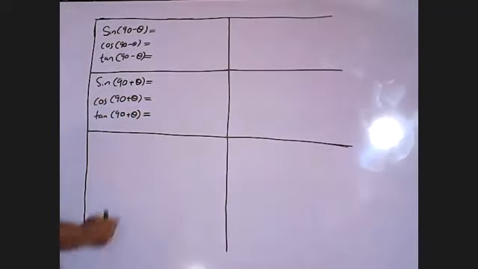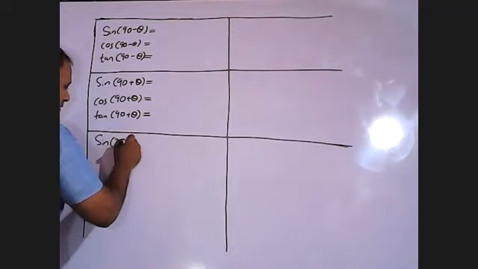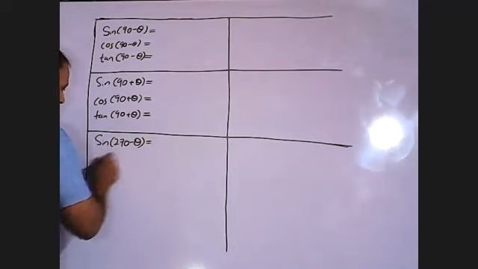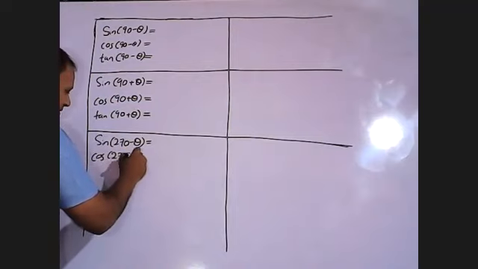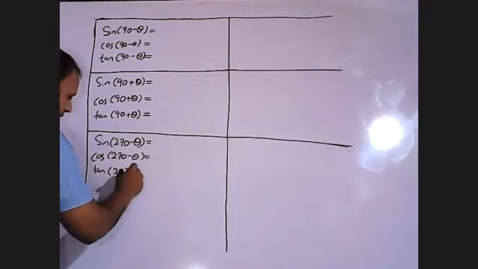Then sine 270 minus theta, cos 270 minus theta, and tan 270 minus theta.